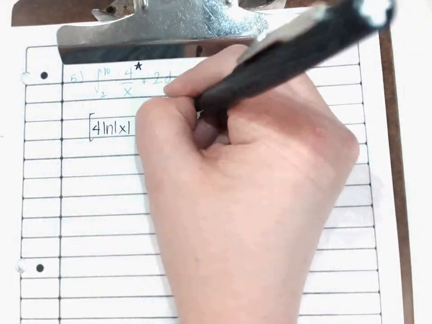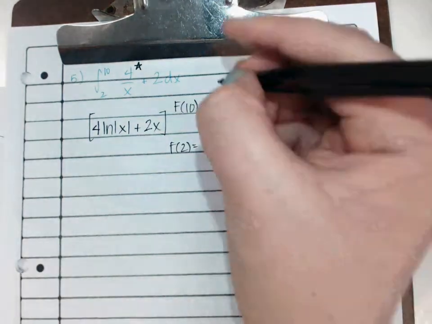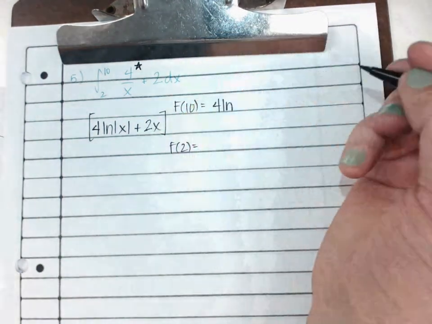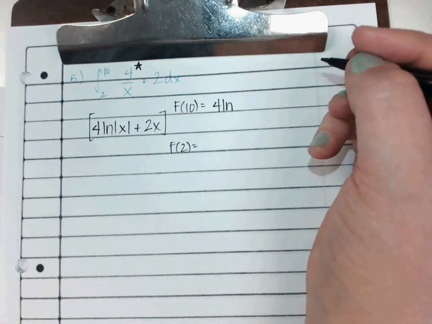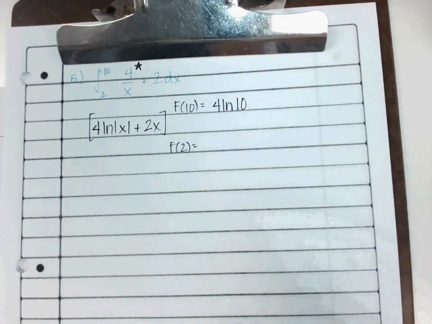Then f of 10 and f of 2. On top, I have 4 ln 10. Is the absolute value of 10 just still 10? Yes, so I don't have to put the bars. If I'm plugging in a positive number, I've already basically taken the absolute value by leaving it the same.